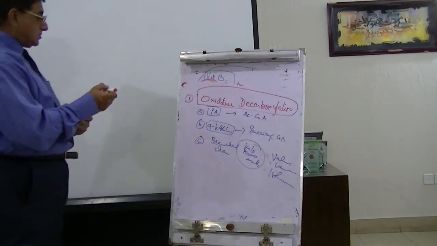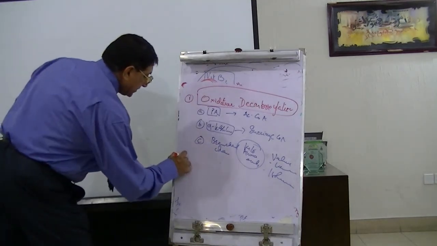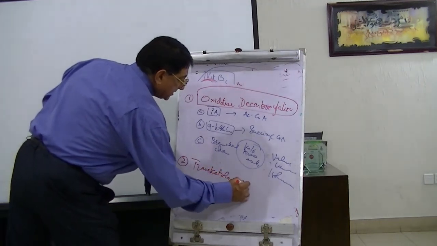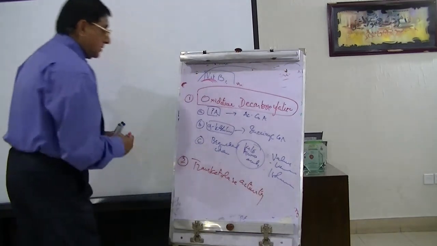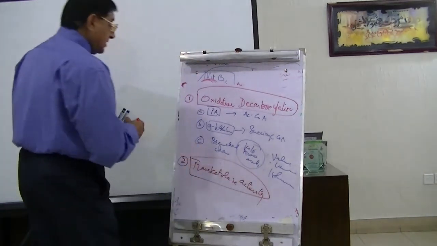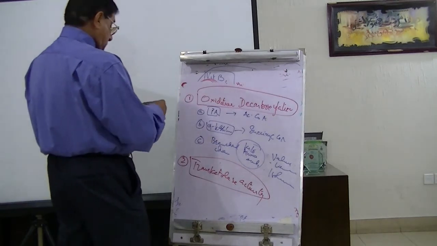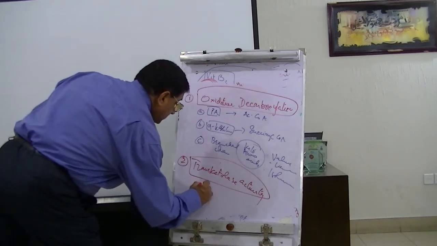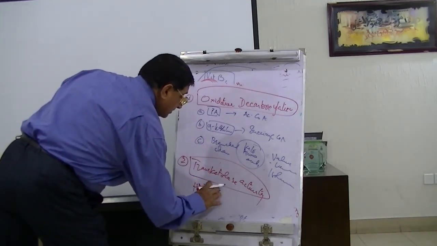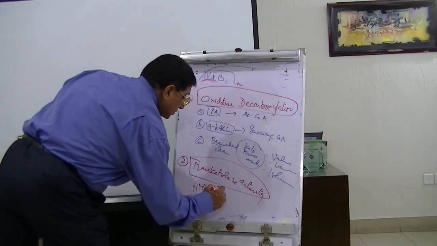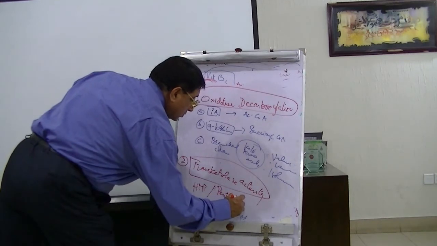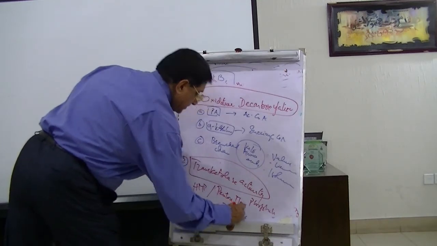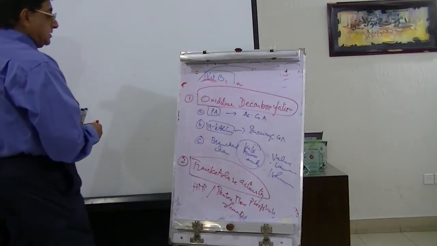Second is it causes transketolase activity, wherein the HMP shunt, or pentose monophosphate shunt, transketolase activity.